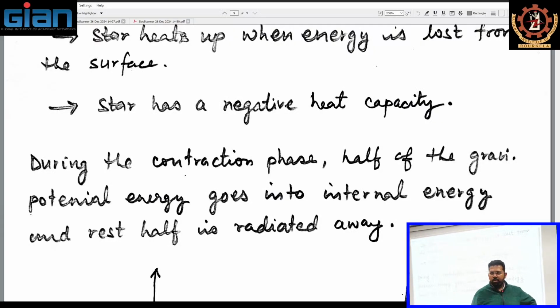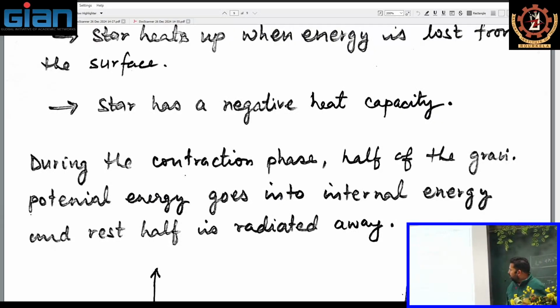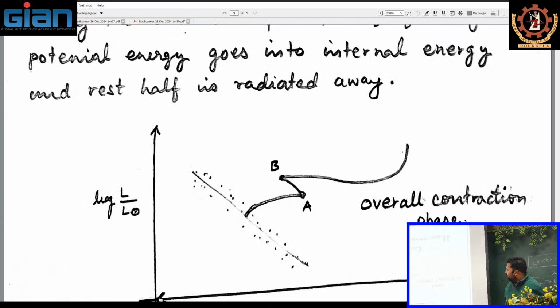So half of the energy will be radiated away, and the remaining half will increase the internal energy of the star. That is why it is said that the star has negative heat capacity.